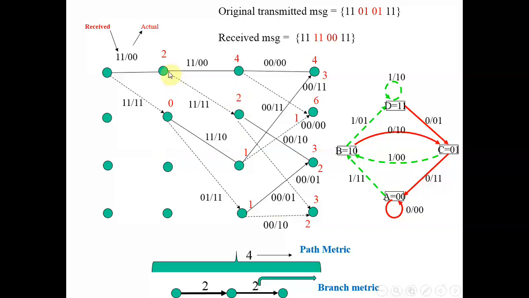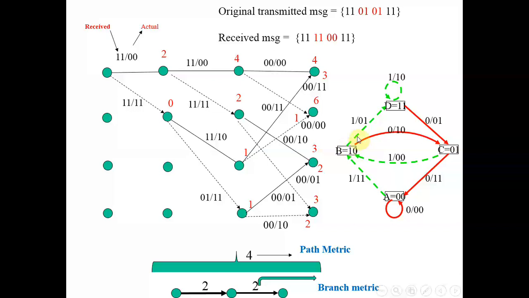Now we have completed this transition. Now assume that you have reached this instead of this. So previously, suppose I have reached this state. Now I am receiving this pair of 1s. So if I follow this path, from B you have two options. From B I can go to D, or from B I can go to C. If I go from B to C, my output expected is 1 0.